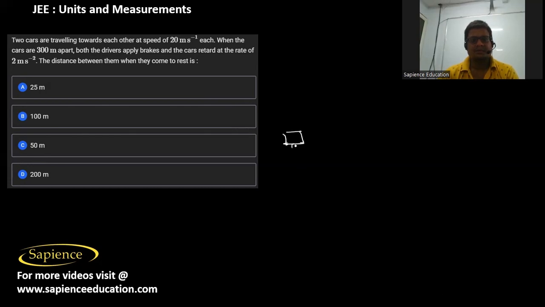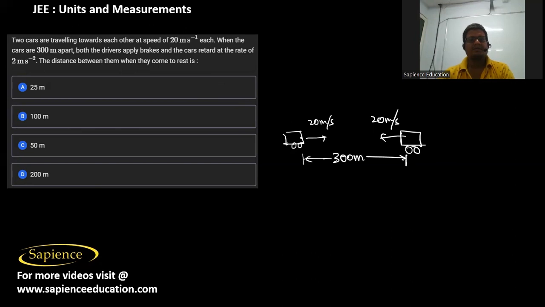Two cars are traveling towards each other at a speed of 20 meter per second each. When the cars are 300 meter apart, both the drivers apply brakes and the cars retard at the rate of 2 meter per second square.